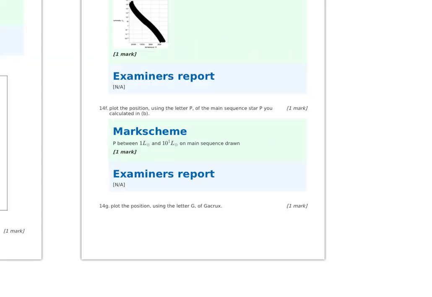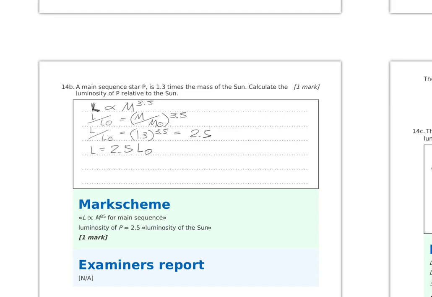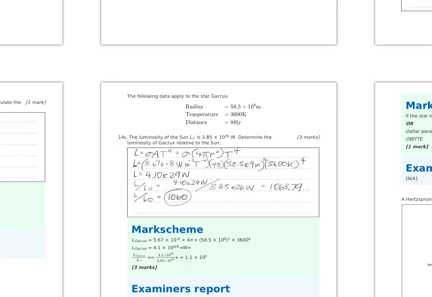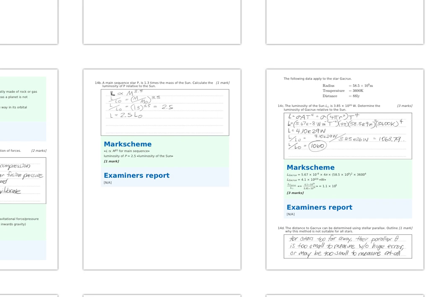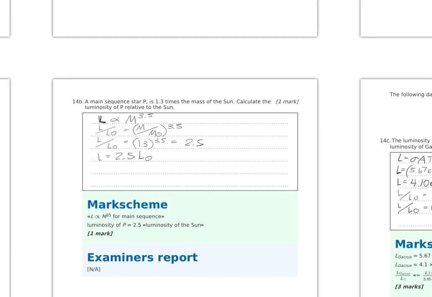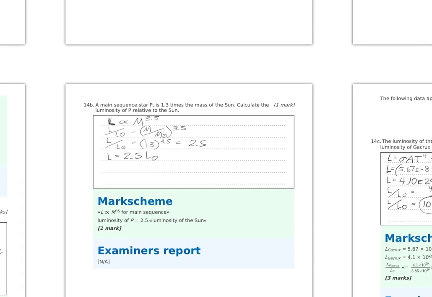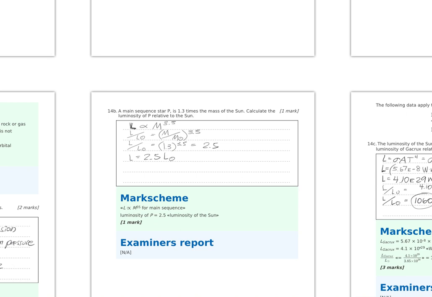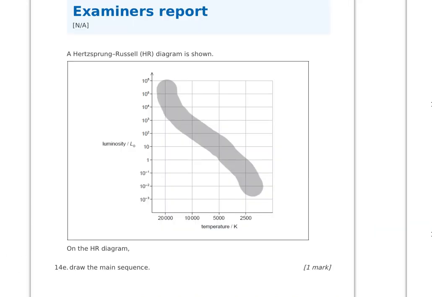14F says plot the star from B. Relative luminosity is 2.5. Temperature is 3600. Well, actually, it's not necessarily 14B. We don't know the temperature from 14B. It does say main sequence star, so it's going to be on the main sequence. So it's 2.5. This is a logarithmic scale, so it's going to be close to 1.